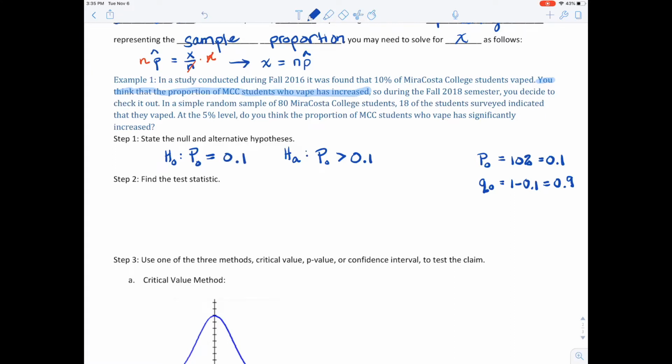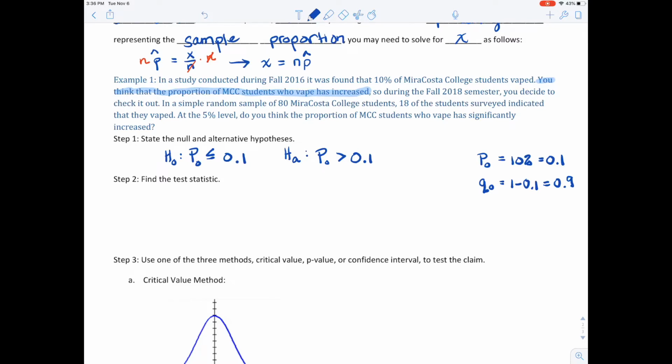There are different schools of thought behind this. To be completely statistically correct, we would say P0 is less than or equal to 0.1 because you're supposed to make the converse statement to your alternative, or vice versa. If you do your null first, you do the converse statement for your alternative.